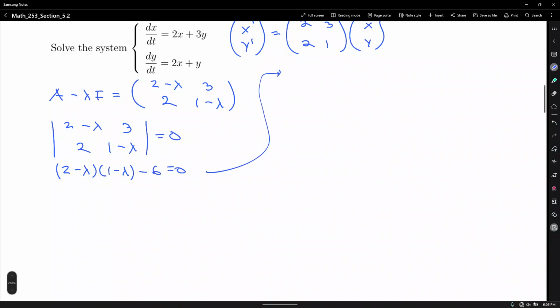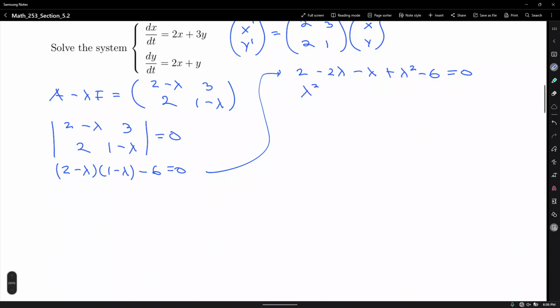Let me continue here to get the characteristic equation, or characteristic polynomial, either way. 2 times 1 equals 2. 2 times negative lambda is minus 2 lambda. Negative lambda times 1 is minus lambda, and lambda squared, minus 6. Basic algebra: combine like terms, solve the polynomial equation.